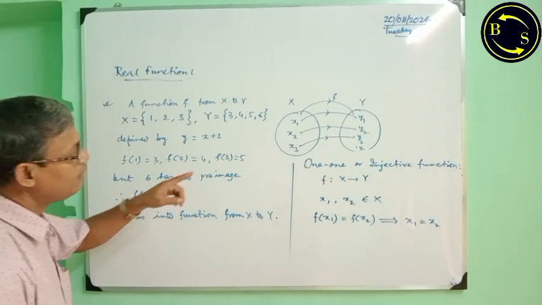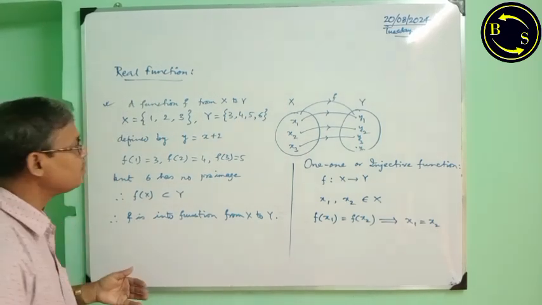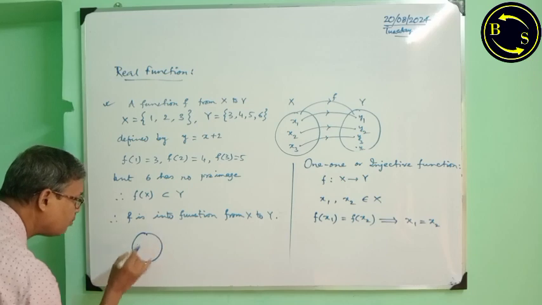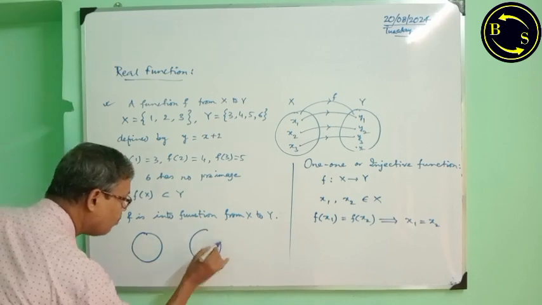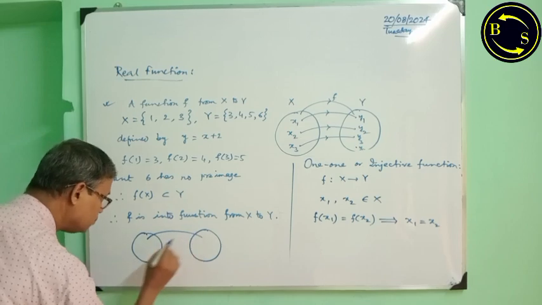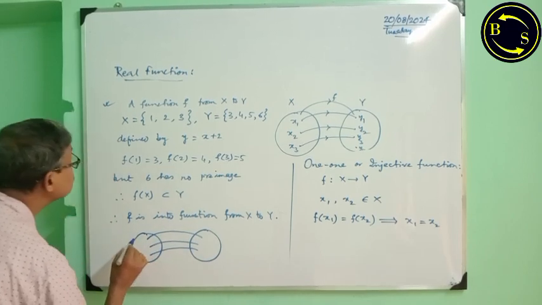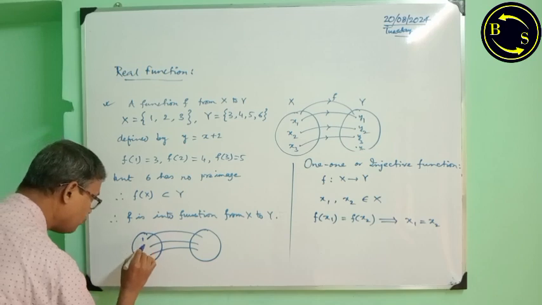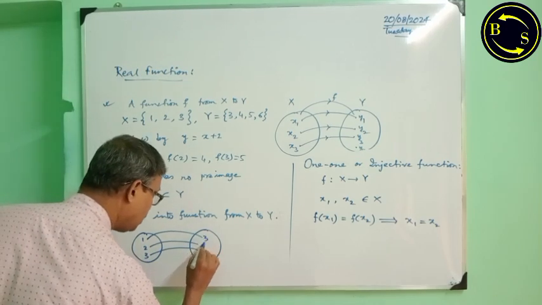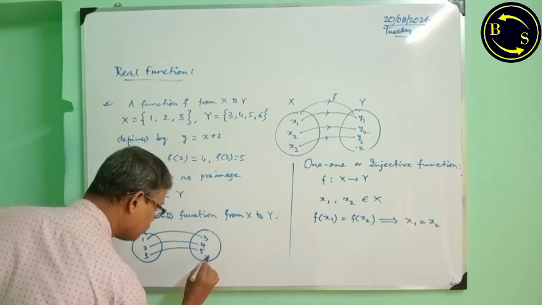Therefore, every x of set x is associated with, I can express that by this diagram. 1, 2, 3, and 3, 4, 5 and 6.